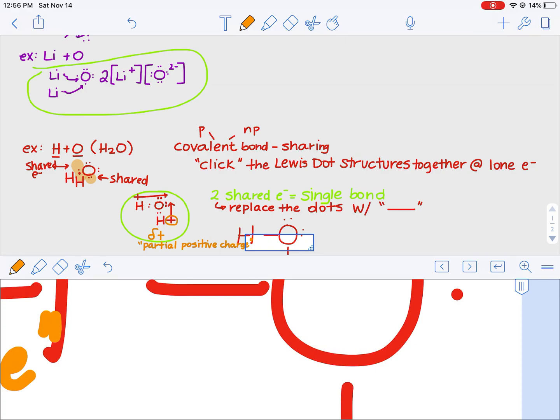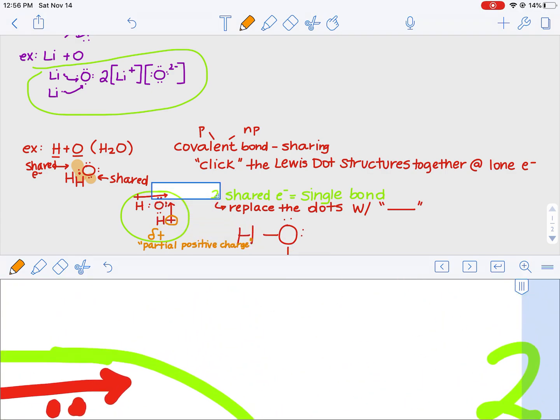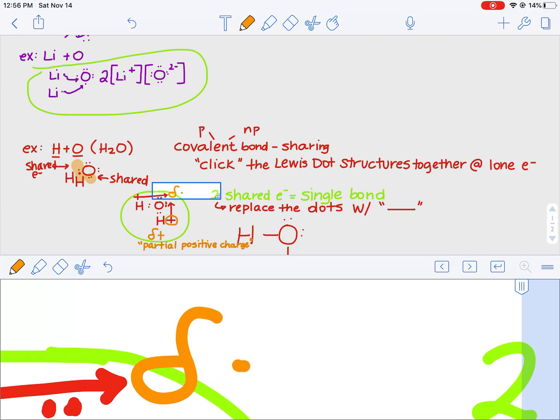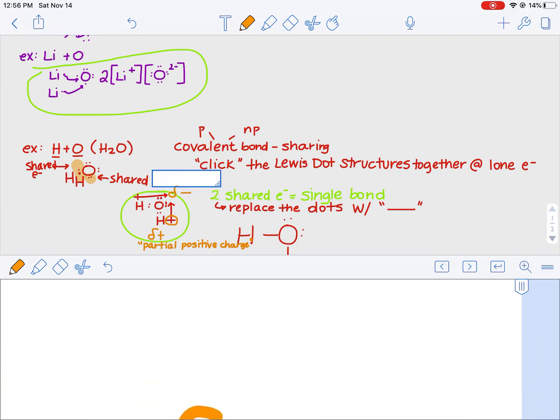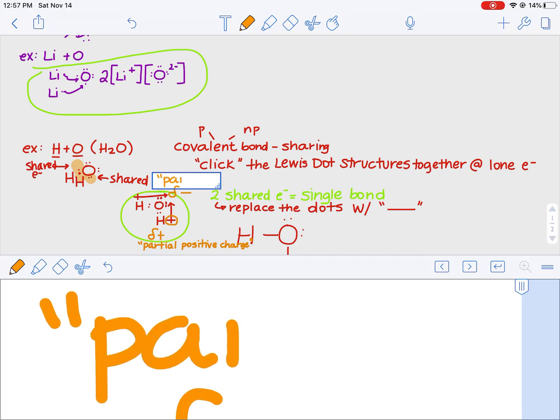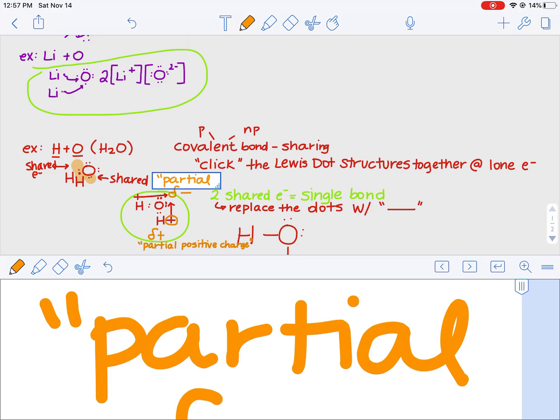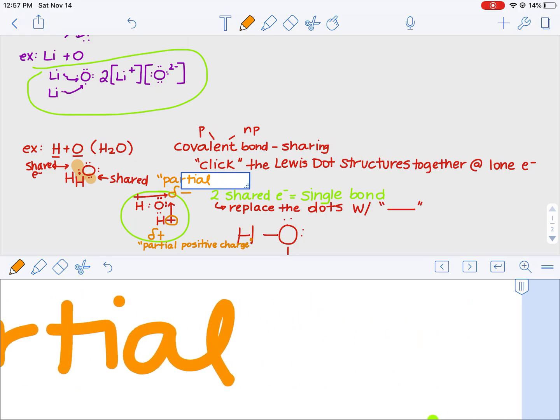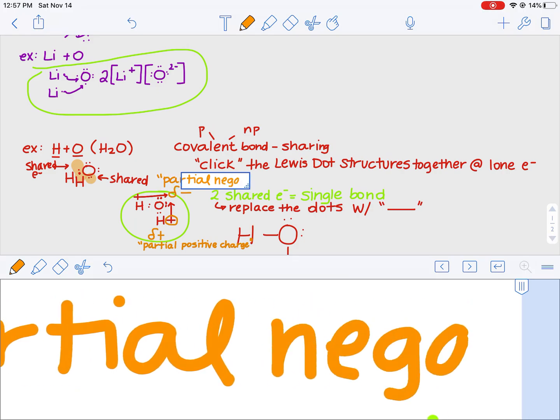It is sharing. However, the oxygen atom, since it has a greater electronegativity, is going to have access to those electrons more of the time. And therefore, the oxygen end is going to be referred to as partial negative. Again, that's a lowercase Greek letter delta, and it means partial negative charge.